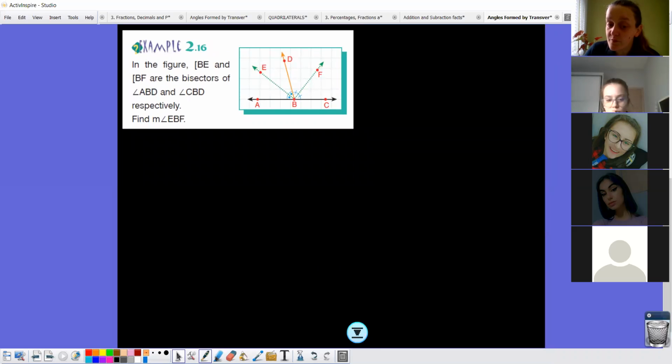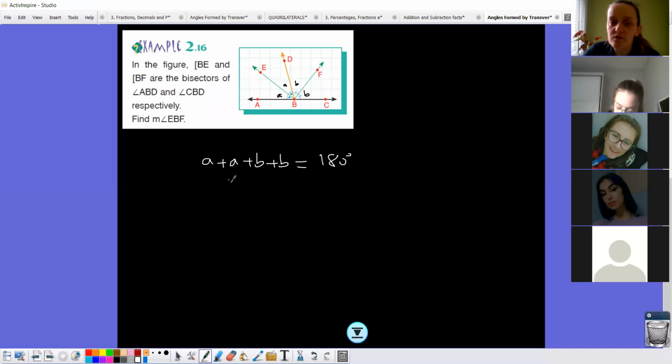Now here, if we don't know the property, can I say that if this angle is A and this one is A, because BE is the bisector, yes? And if this angle is B and this angle is B, because BF is another bisector. And from the figure, we can see that 2a plus 2b is 180, because it's a straight angle here.